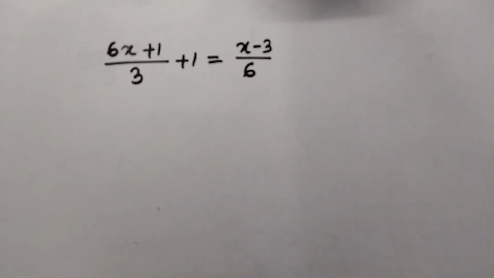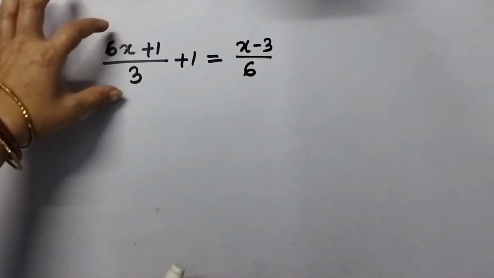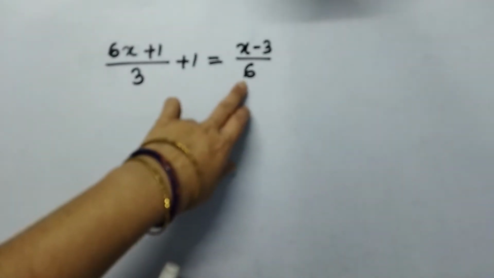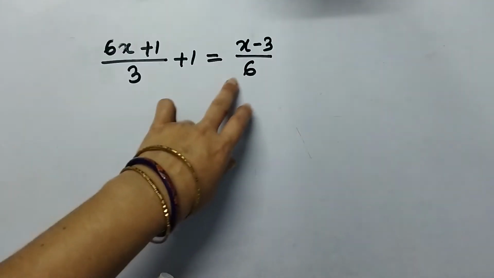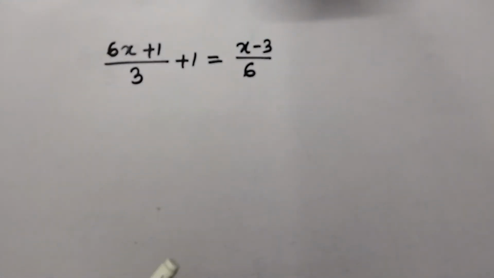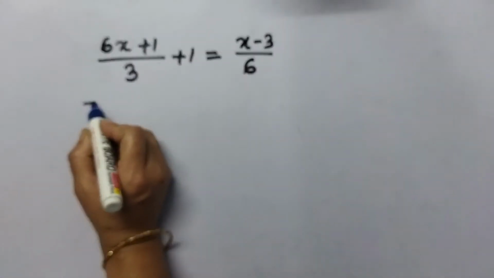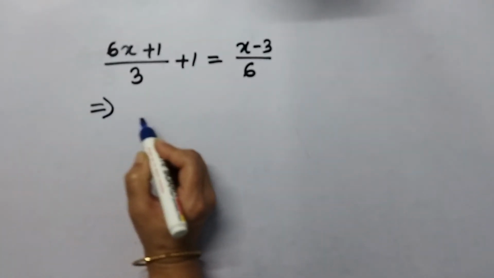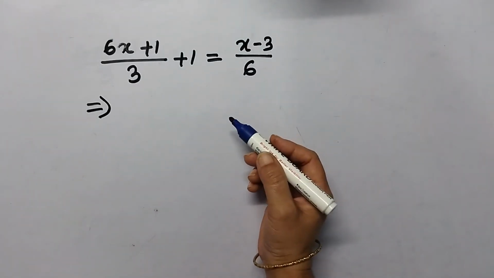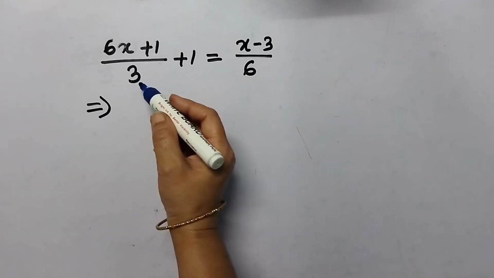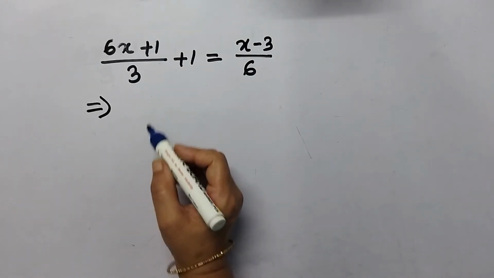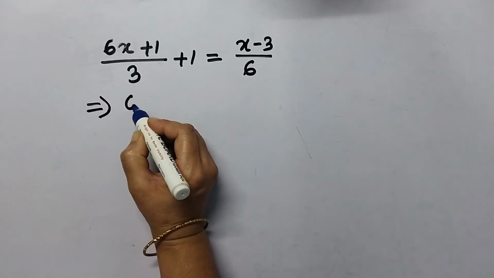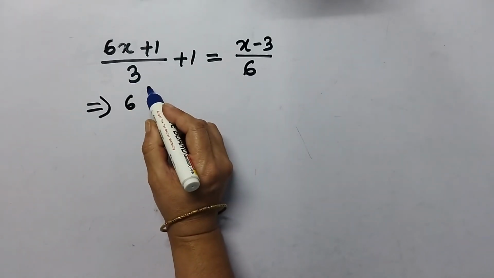Now we have another type of equation. Here the expressions are in different form, and the denominators are also different. In the previous one the denominators were the same, that's why we multiplied by 2, but here the denominators 3 and 6 are different, so we need to multiply by their LCM. The LCM of 3 and 6 is 6, so we multiply by 6 on both sides.